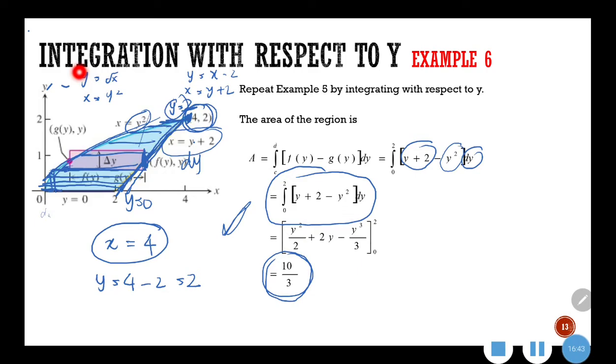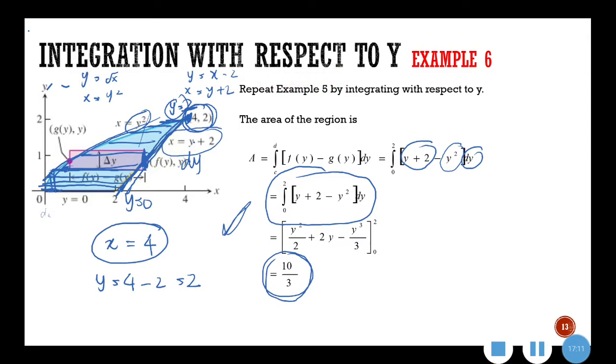So moral of the story, maksudnya you have to sketch first, identify where is the region, then only you will find out sama ada nak integrate with respect to x ke with respect to y is easier. Sebenarnya nak guna dua-dua boleh sebenarnya. It's just kalau guna y maybe it's easier compared to x. Ada sometimes x is easier than y. Okay, depending on the area that you get.